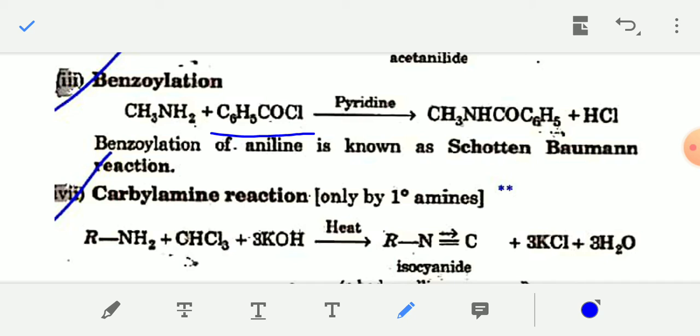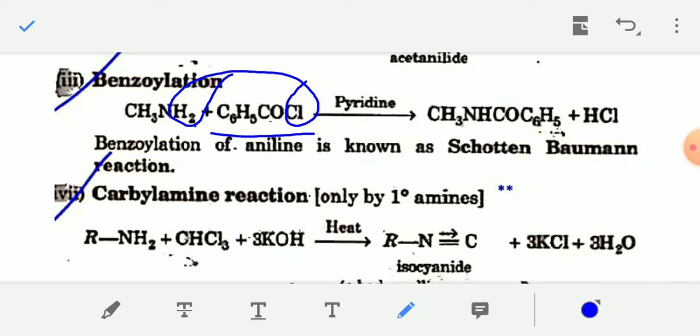Just remove one HCl molecule from CH3NH2 and C6H5COCl, removing one Cl and one hydrogen, and join the remaining part, that is CH3NHCOC6H5. That is benzylation.